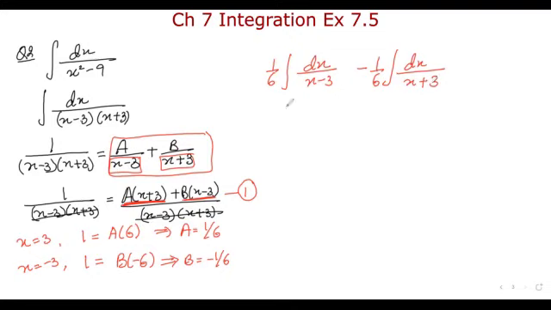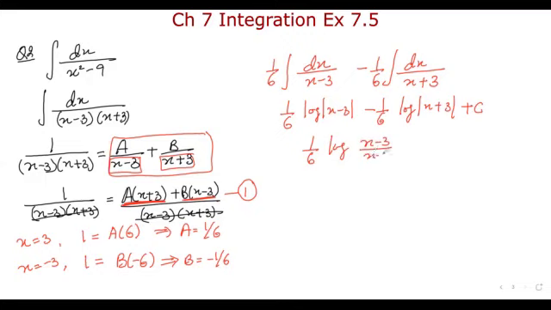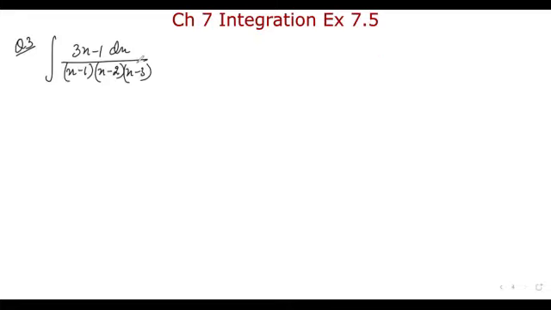So when I integrate, I know the integration of 1 upon x minus 3 is log of x minus 3, minus 1 upon 6 log of x plus 3 plus c. So applying the property of log a minus log b is log a upon b, plus c.